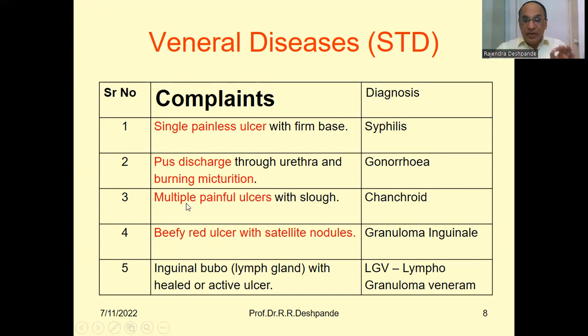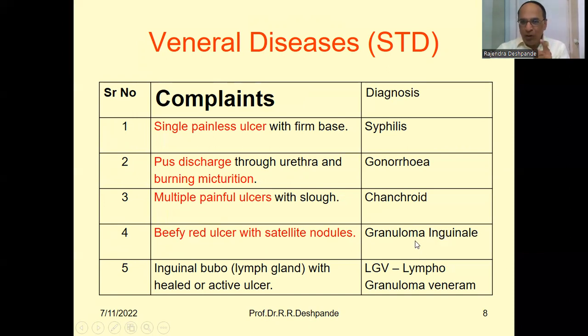Then multiple painful ulcers with slough is chancroid, the name of the disease. Here you can see only a single ulcer, but here there are multiple painful ulcers. That is chancroid. Then a beefy red ulcer with satellite nodules is granuloma inguinale, the name of the STD.